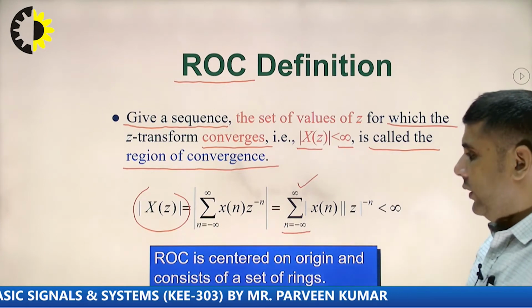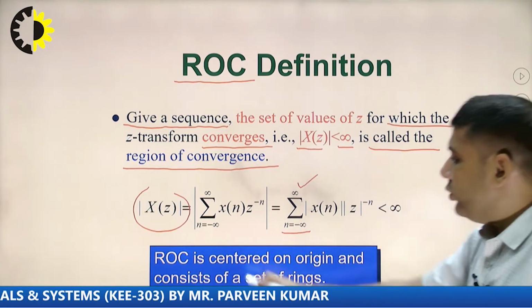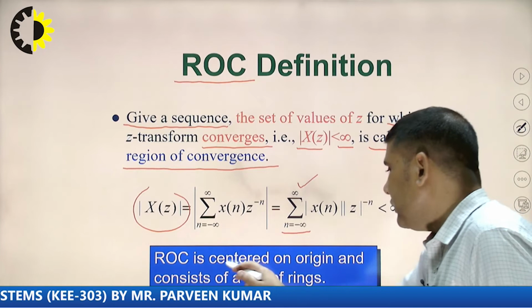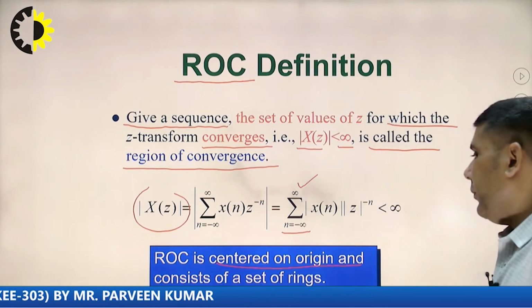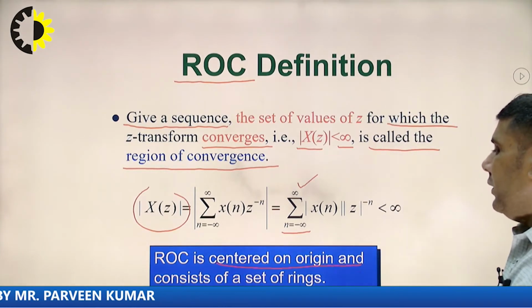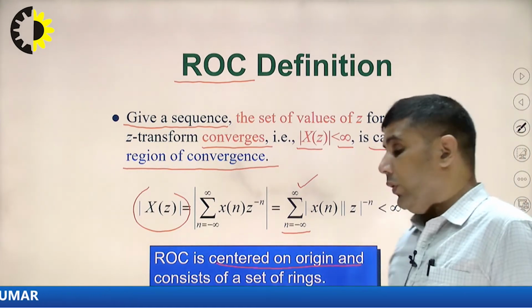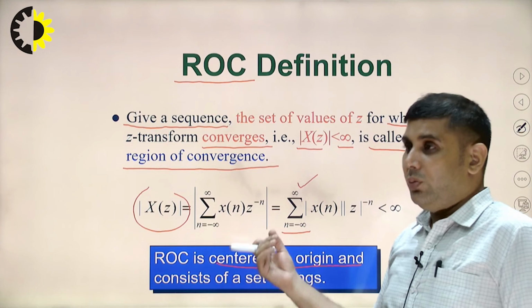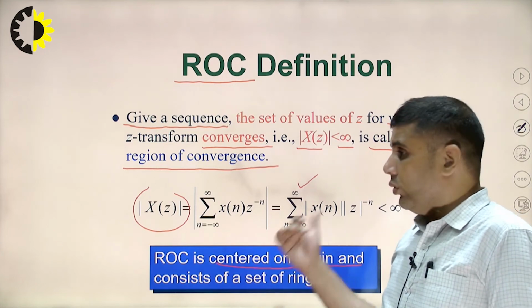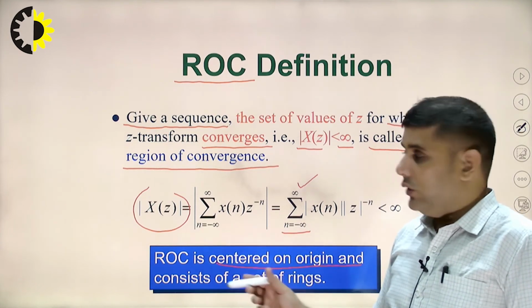So basically you can say ROC, or region of convergence, is centered on the origin and consists of a set of rings, and the widths of the rings depend on the type of signal, whether the signal is causal, anti-causal, just like this one.